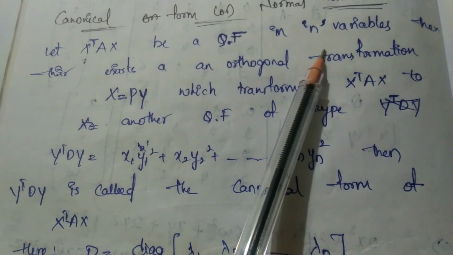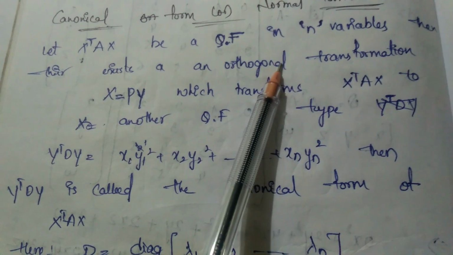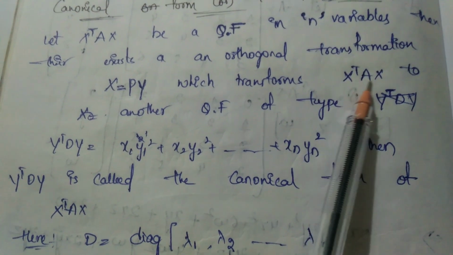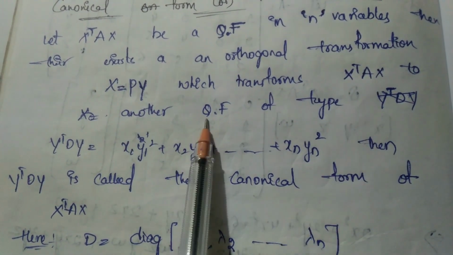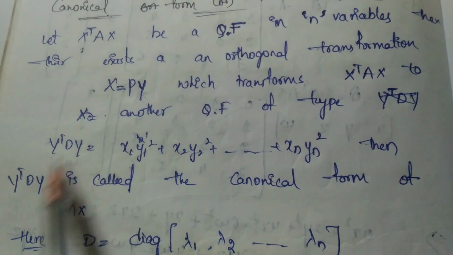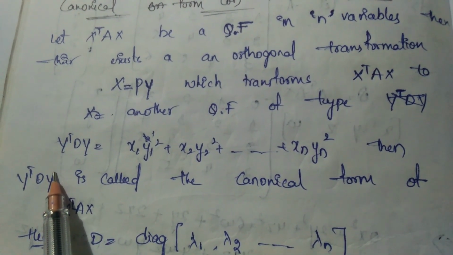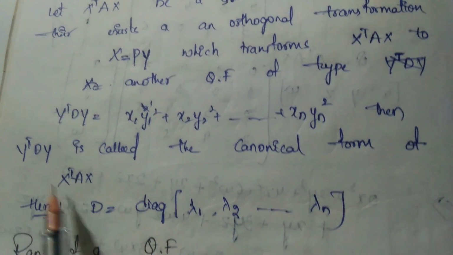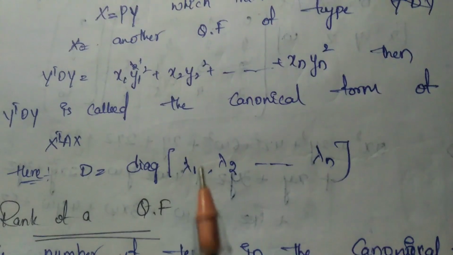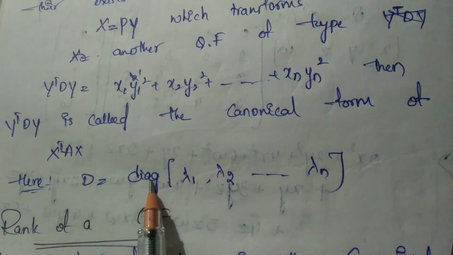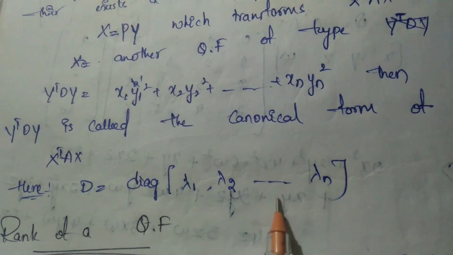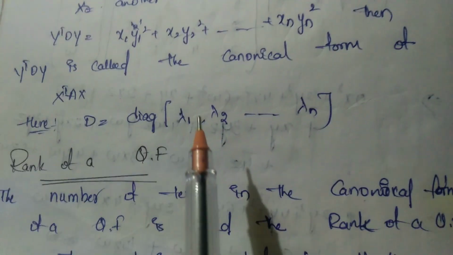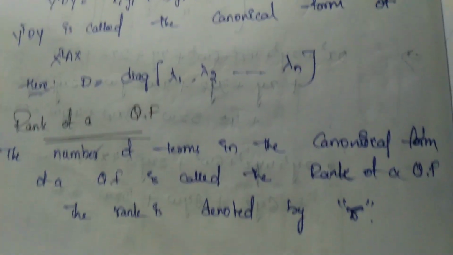There exists an orthogonal transformation x = Py, and that transforms x transpose A x into another quadratic form of the form y transpose D y, and that y transpose D y is called the canonical form of x transpose A x. Here D is a diagonal matrix; we write the eigenvalues as the diagonal matrix, and P is the modal matrix.